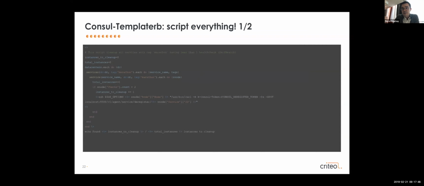In this example, I hope you see it clearly. We are checking all the data centers, all the services, and looking at all the instances of a service having a specific tag, whether this service has a single SSH check, which is considered by us a failure regarding the automation we put in place.